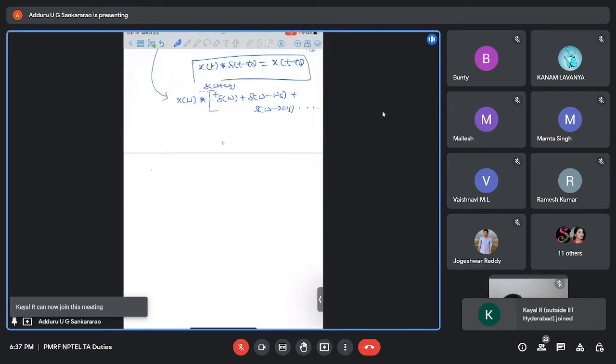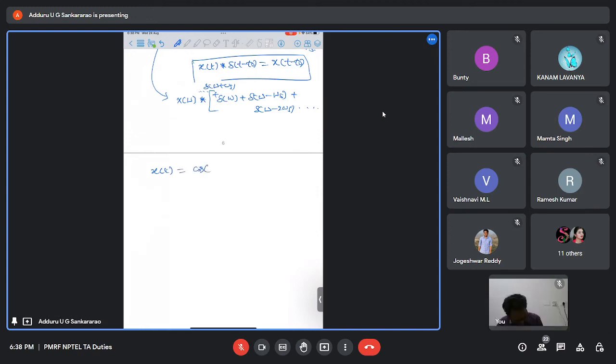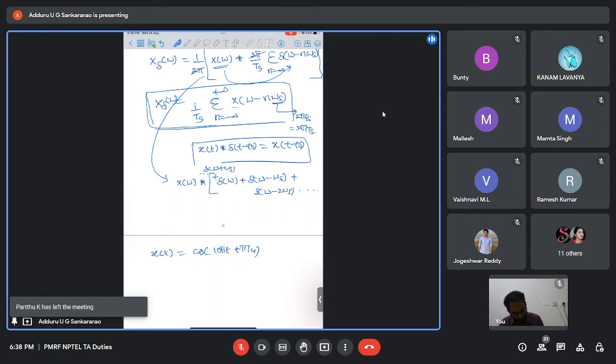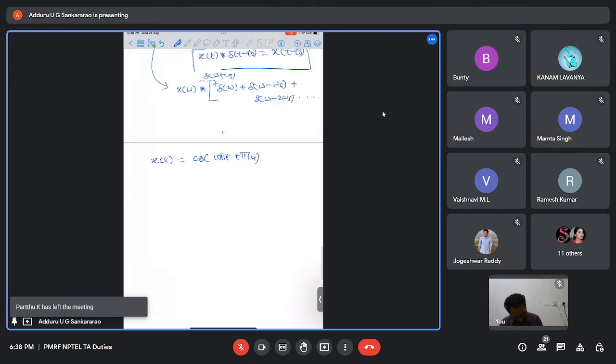So our x of t is cos of 10 pi t plus pi by 4. For this we need to find out the Fourier transform, because x of omega we want, right? So we have to find the Fourier transform, x of omega.